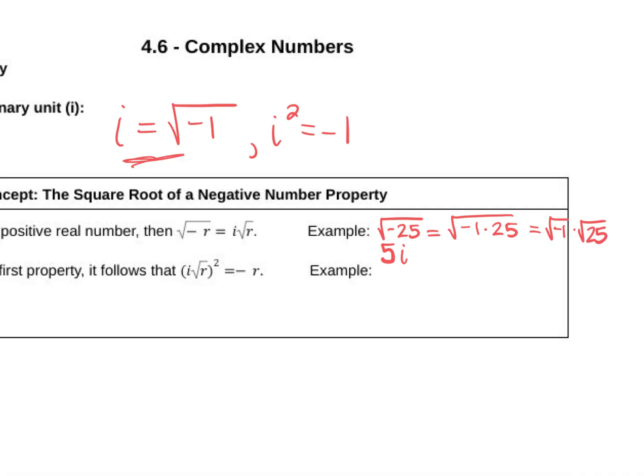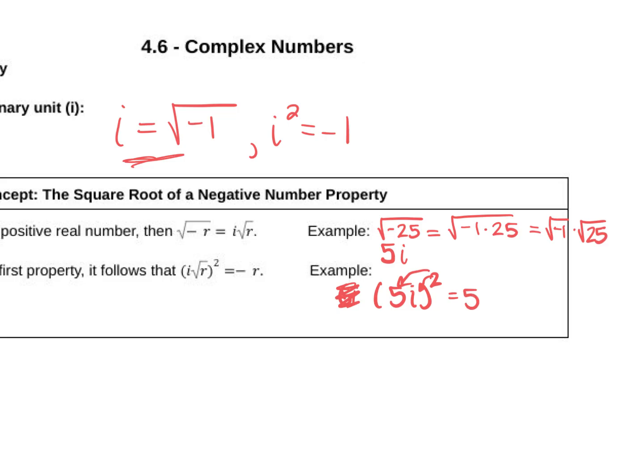Now also, if I wanted to work backwards, let's say I'm going to take the square of 5i, okay? Then I would distribute that squared.